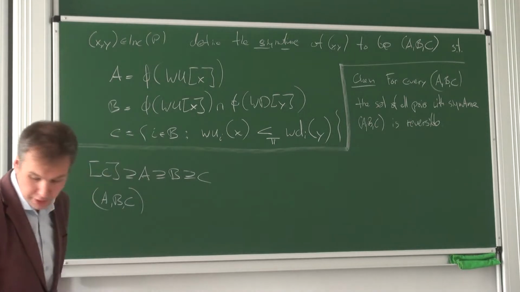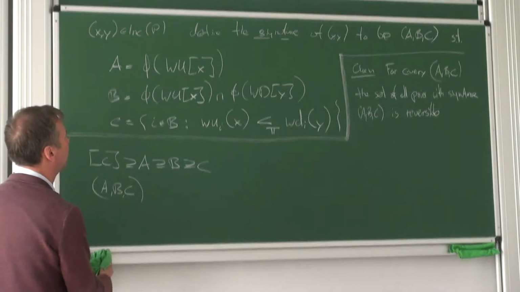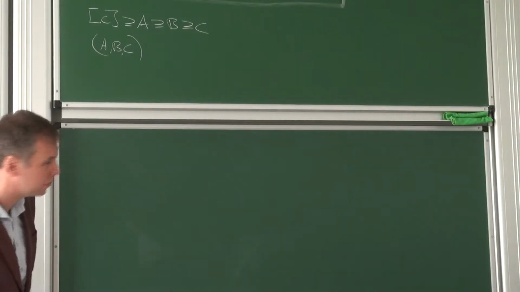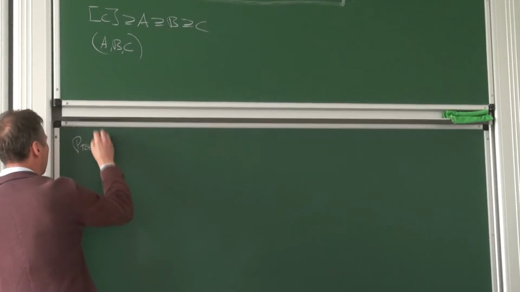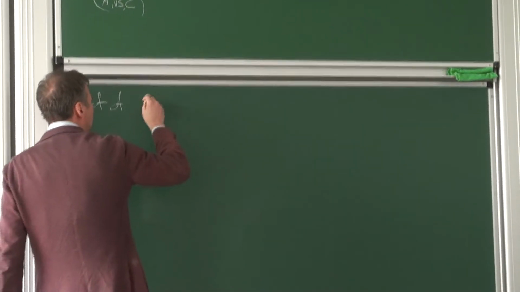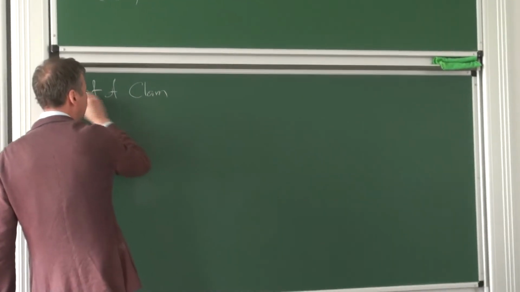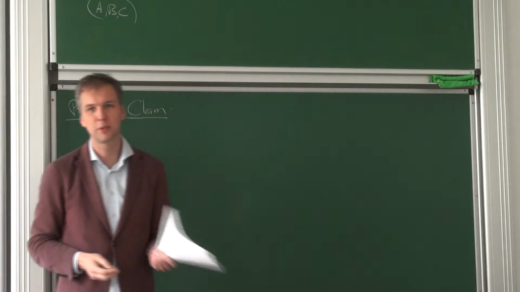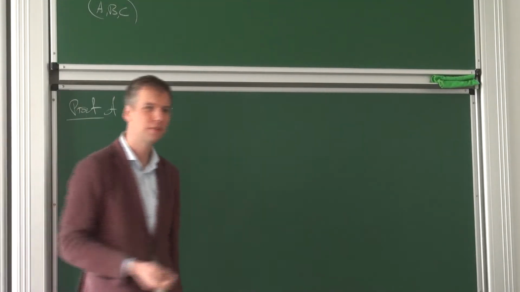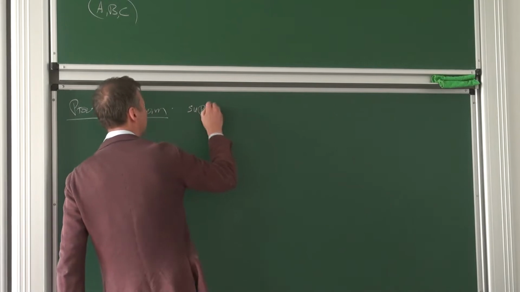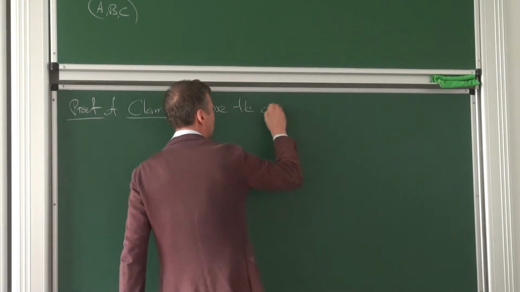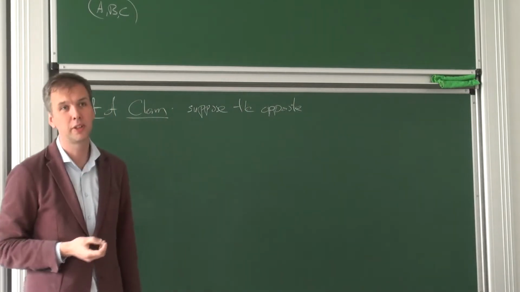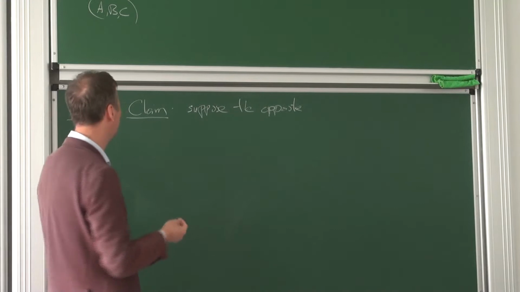Okay, so we enter the proof of the claim. The claim says that the set is reversible. Suppose the opposite. So the set contains an alternating cycle. Maybe we don't need it to be strict, we'll see.